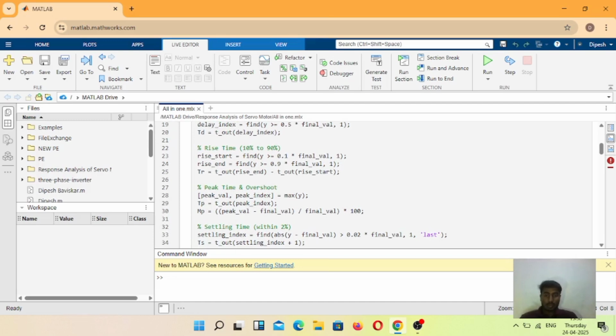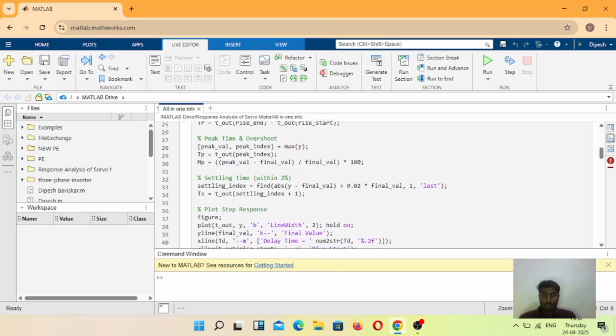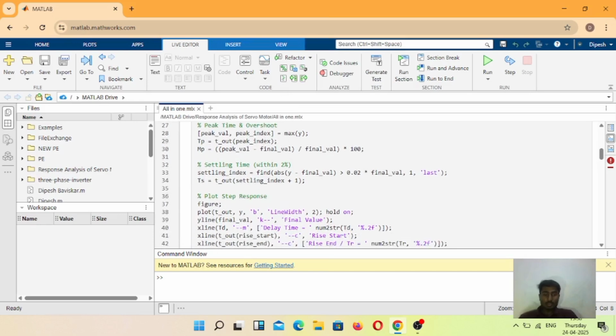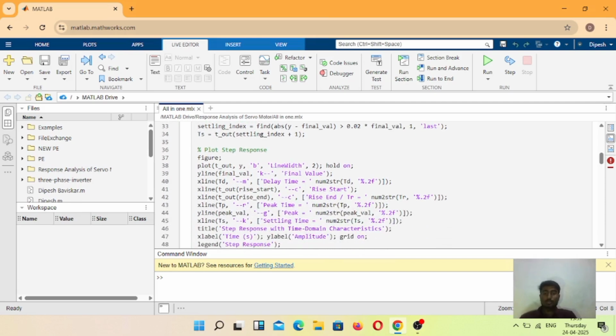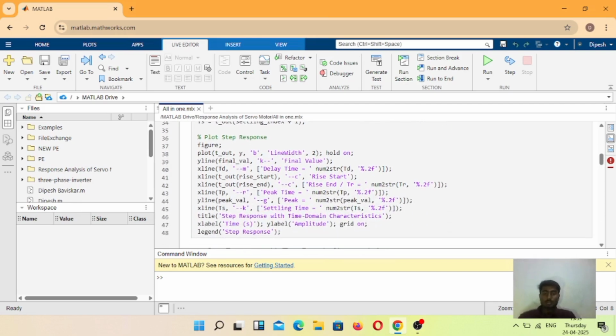We show the peak time and overshoot using formulas, and they are displayed on the command prompt. Settling time is the time when the system output enters within plus or minus 2% of the final value. Then there are commands to plot the graphs.